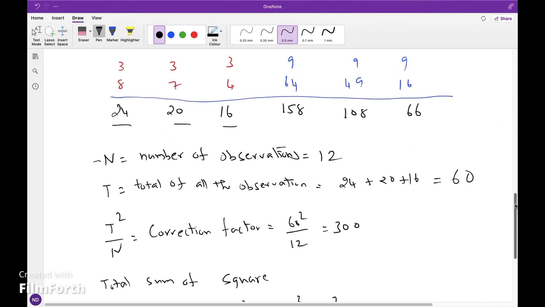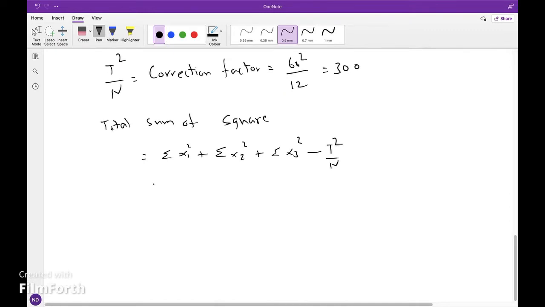So summation of x1 squared 158 plus 108 plus 66 minus 300, that is equal to 32. Next find SSC. This one is SST, total sum of squares.